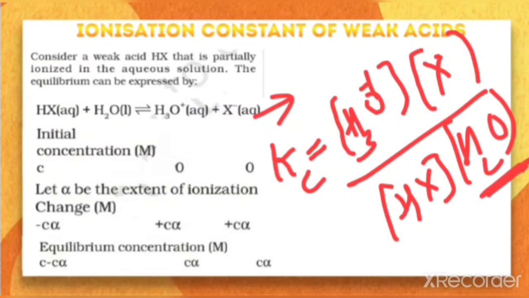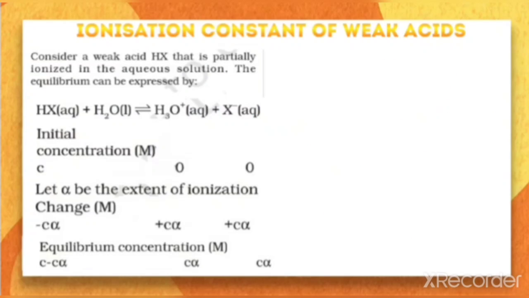So the concentration of water is taken to the other side, and together, Kc is a constant and the concentration of water is a constant. Together we can take a new constant, and this new constant can be represented by Ka. Now what is Ka? Ka is equal to the concentration of H+, that is the product, as I told you.